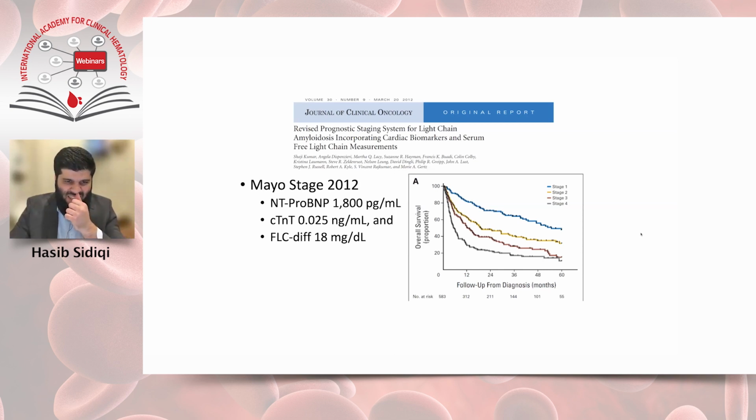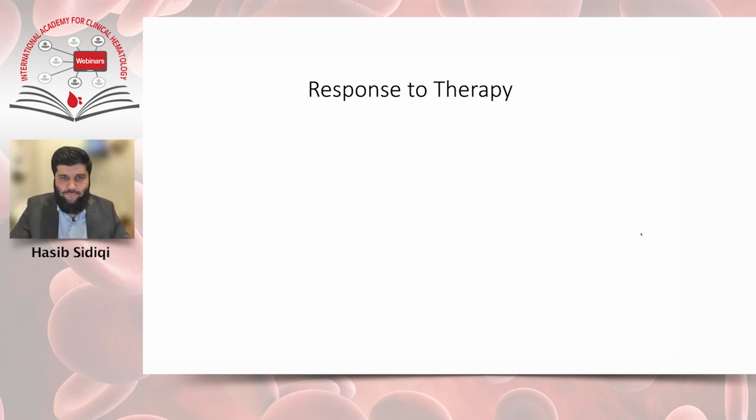And as you can see here, those with an elevated NT-proBNP, troponin T, and elevated free light chain ratios have a significantly poor prognosis, with patients with Mayo stage 4 disease having a median overall survival of approximately 6 months.